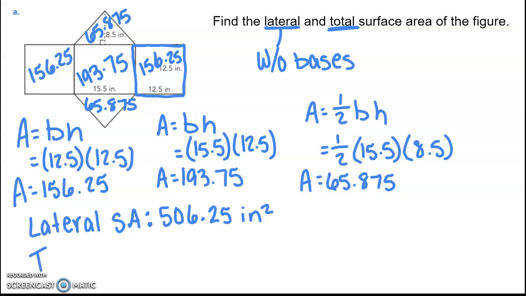And then for our total surface area, take the lateral and now just add in the two bases. When you do that, you should get a total surface area of 638 inches squared.